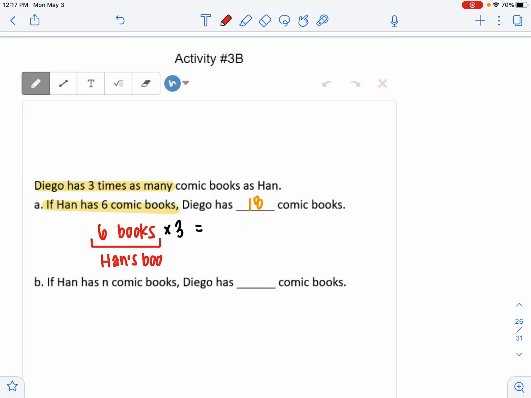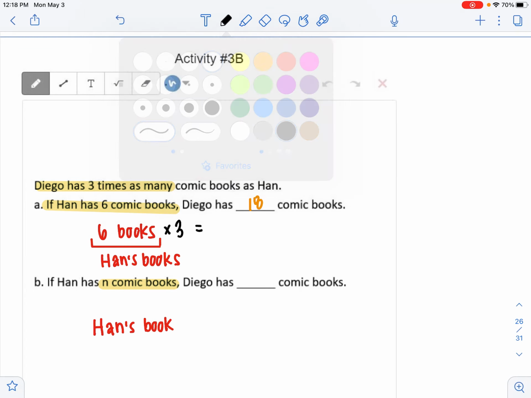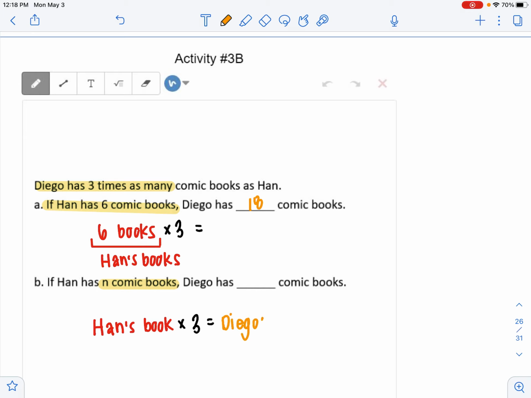Now, question B says, if Han has n comic books, Diego has blank. We know that no matter how many books Han has, if we just took some number of books, however many books Han has, and we multiply that number times 3, that will always tell us how many books Diego has. And the reason why is because Han has 1/3 as many books as Diego, or Diego has 3 times as many books as Han.